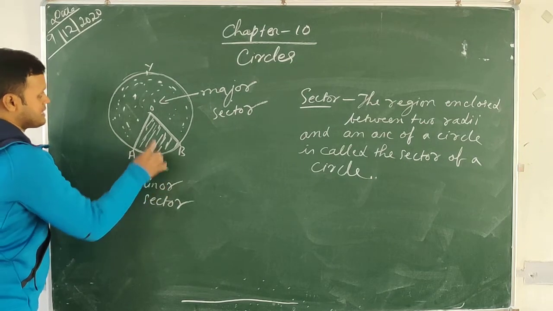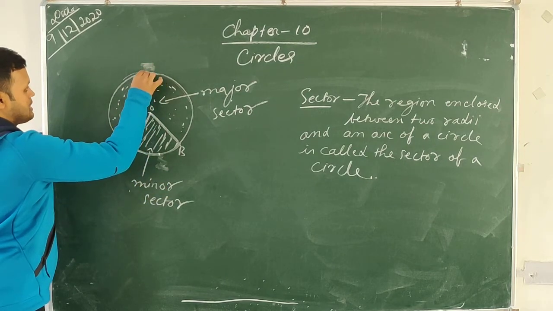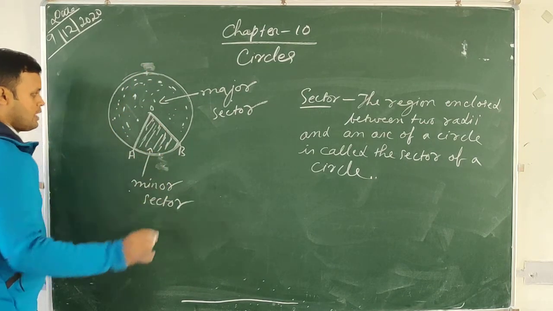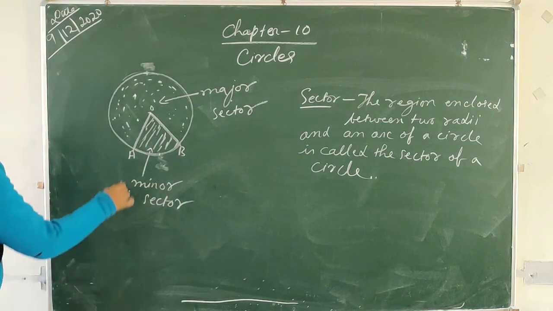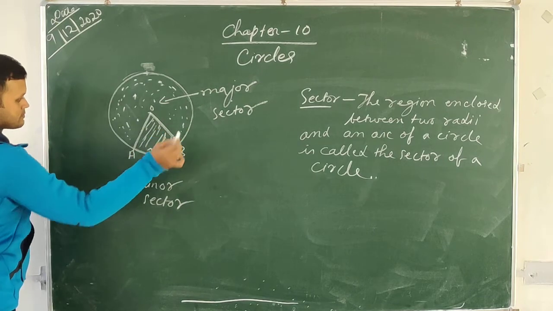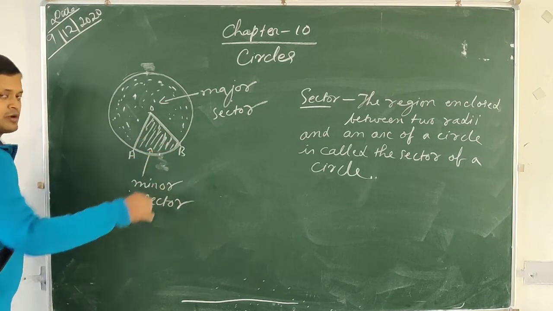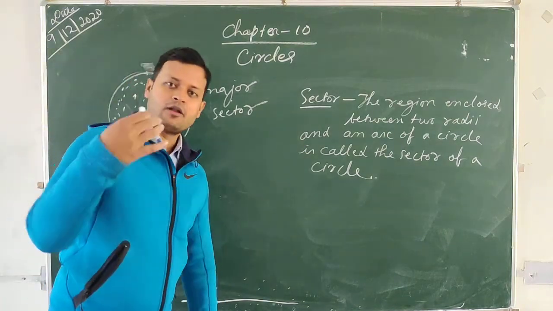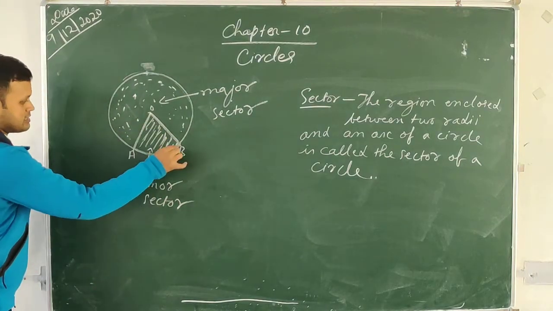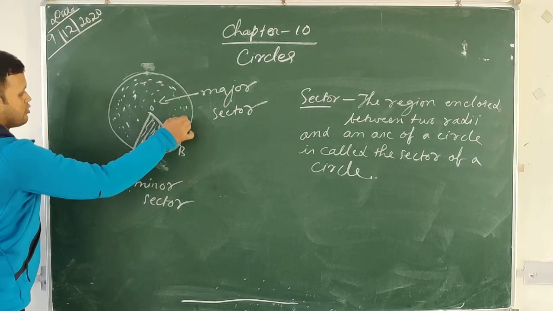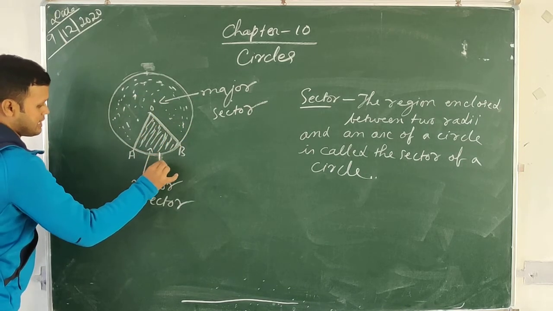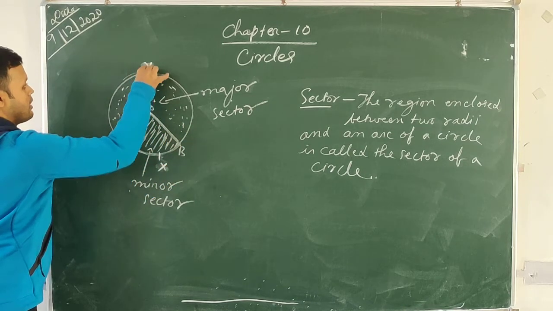Otherwise, if I don't give this point X and this point Y, now if I say AOB, you may think that AOB is this part, or you may think that AOB is this part. So that's why we mark it like this, X, and here, Y.